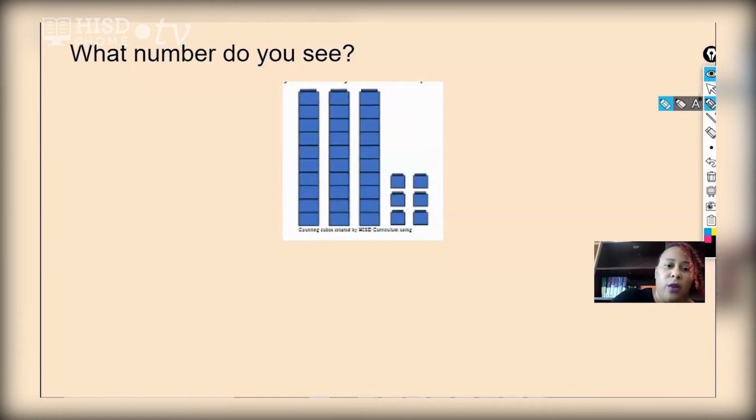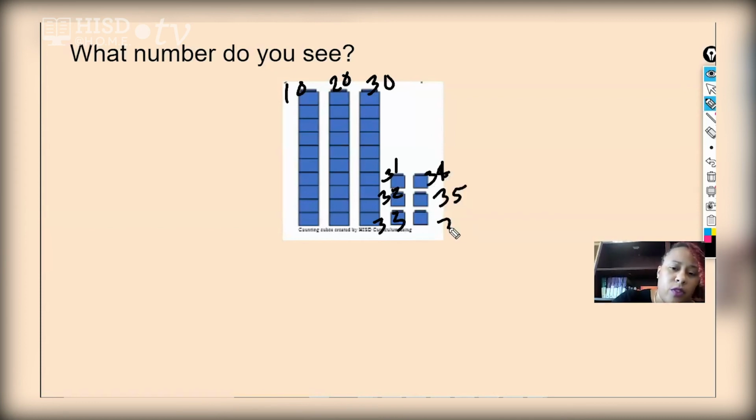So if we want to count it, we see that we have 10, 20, 30, 31, 32, 33, 34, 35, 36. So what number do you see represented here?